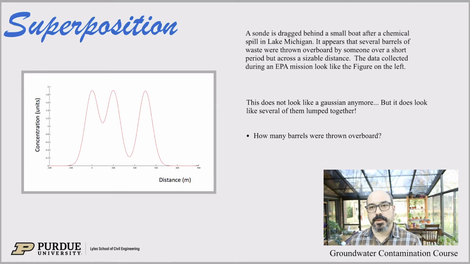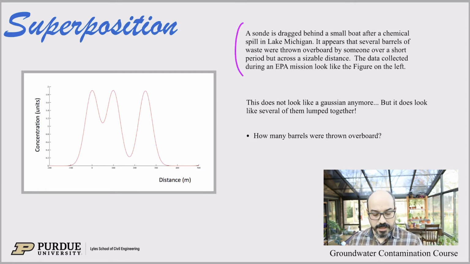Here's a simple example, and I make the example about a lake just because it's a little more intuitive than an aquifer, but of course this is completely translatable to an aquifer, underground water.